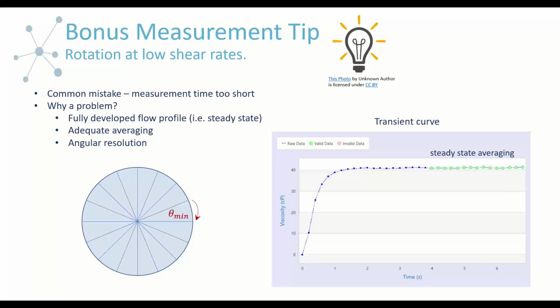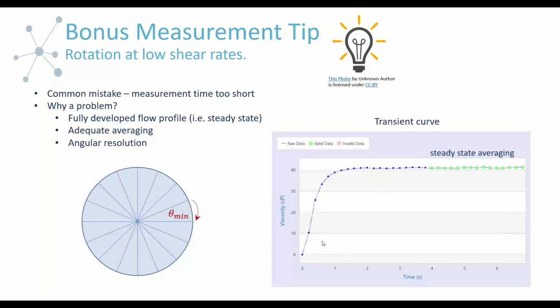And the reason this is a problem, there are multiple reasons really. One of them is that you have to allow adequate time for the flow profile, or the velocity profile, to fully develop. In other words, you need to actually get to a steady state. So what you would look for here in this case is the transient curve, so viscosity as a function of time.